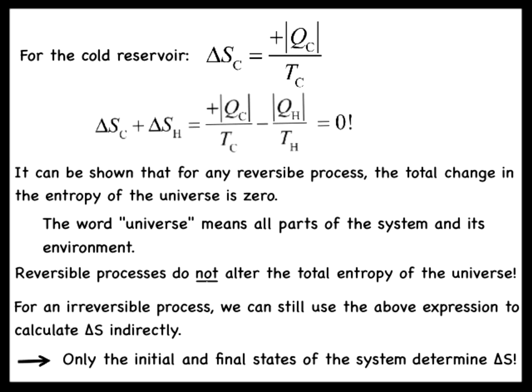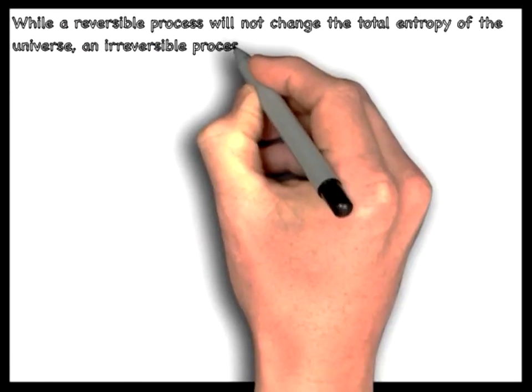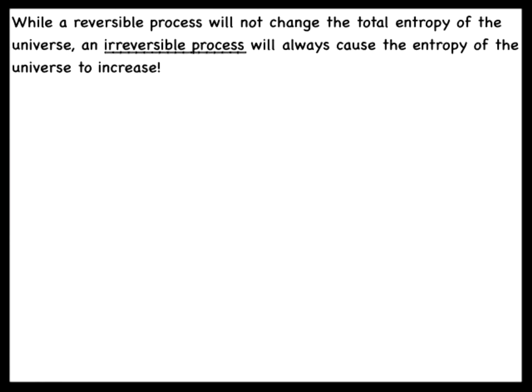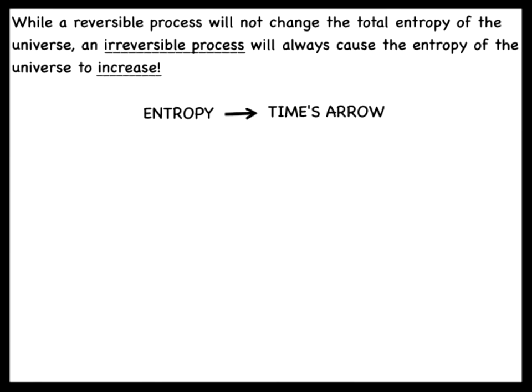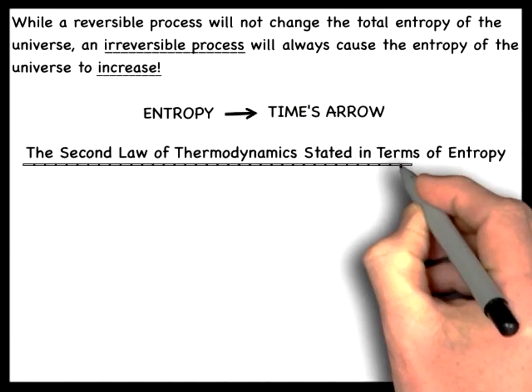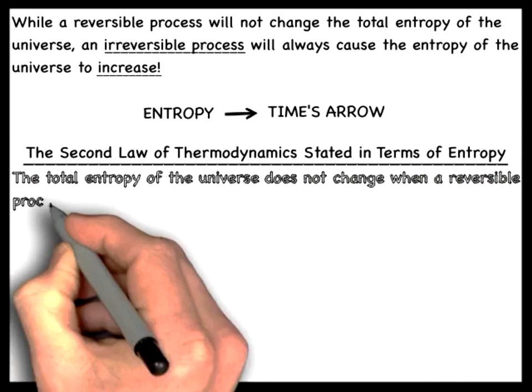While reversible processes do not change the total entropy of the universe, an irreversible process will always increase the universe's total entropy. Therefore, the entropy of the universe is continually increasing. In fact, entropy is sometimes called time's arrow. This is a general consequence of the second law of thermodynamics, and we can restate the second law in terms of entropy.